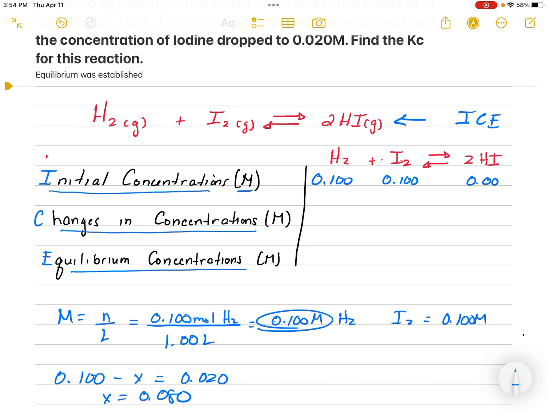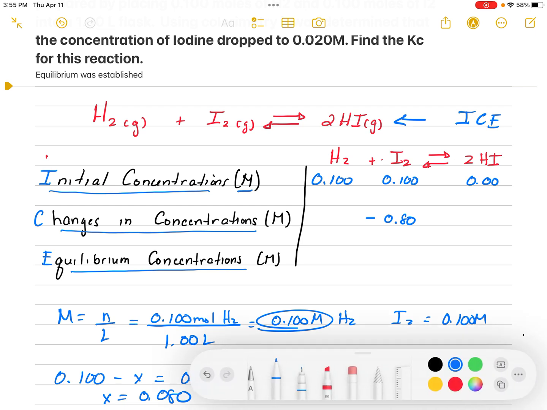Basically, what's happened is that iodine went from a concentration of 0.1 to 0.02. So this decreased by 0.080 moles in the process of the reaction happening. Let me go ahead and correct that.